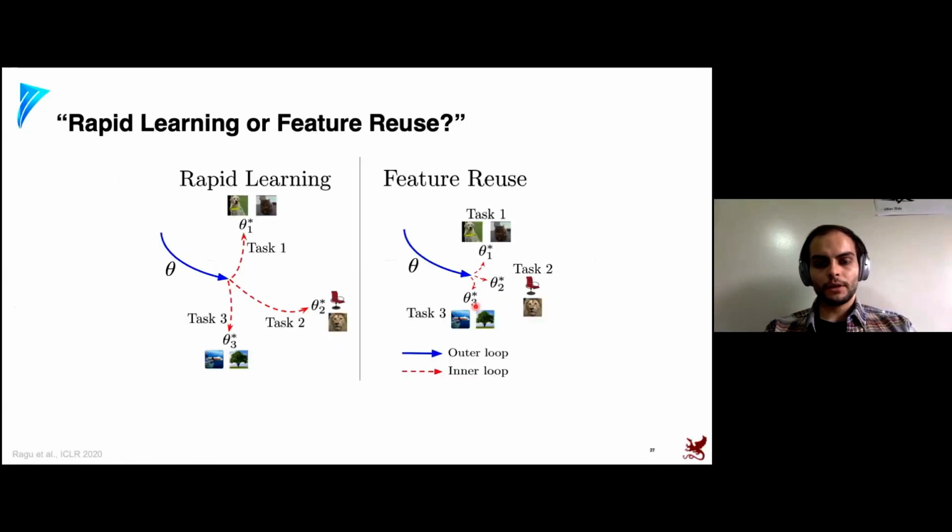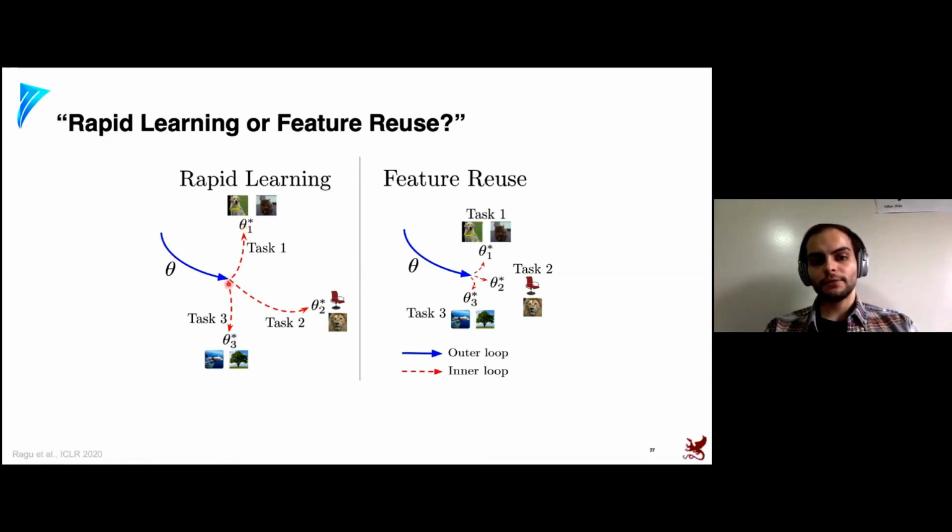Just to illustrate the question a little bit, once again, we have this MAML structure where we have an initialization, and then we have this adaptation to different tasks. In the case of rapid learning, the diagram that they show pictorially is that we find an initialization from which we can quickly adapt to a new task.